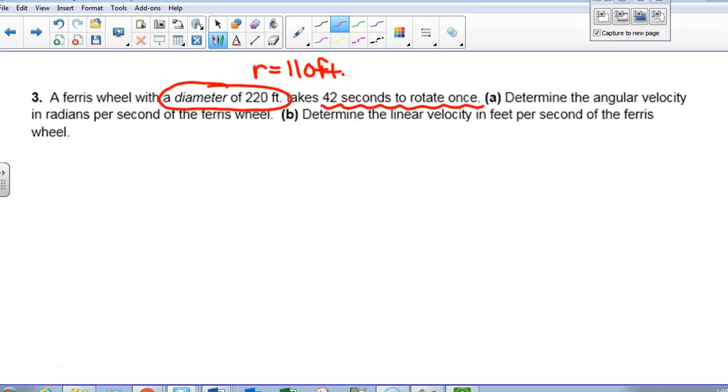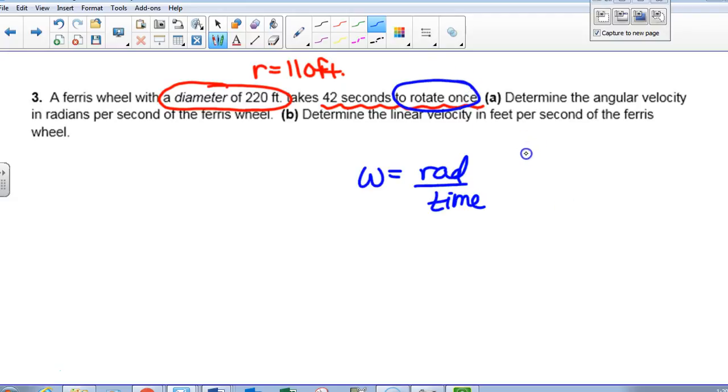If it takes 42 seconds to go around once, what's the angular velocity? What does the label on angular velocity have to be? It's got to be radians per time. What's 1 revolution?